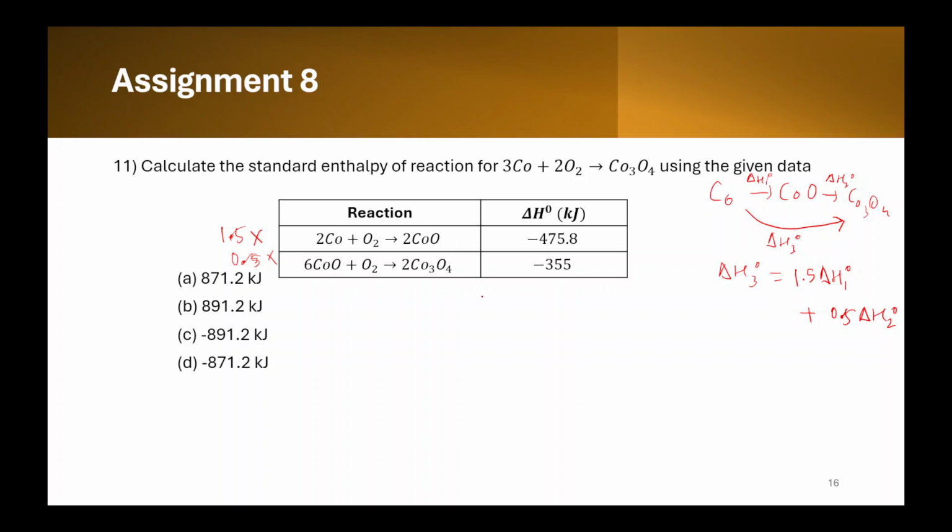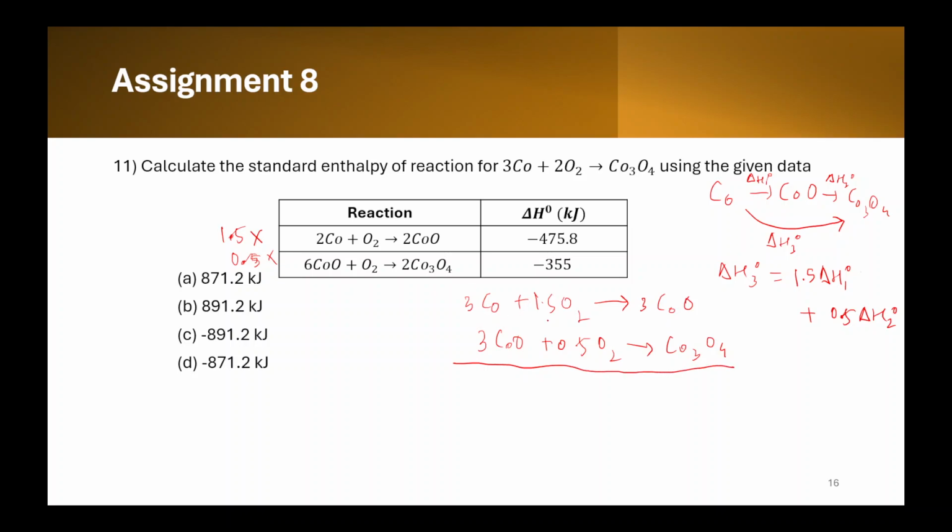So I can write also here. So 1.5 into 2 will be 3Co plus 1.5 into O2 is 1.5 O2 again, and 1.5 again 3CoO, and 0.5 into 6 will be 3CoO plus 0.5 O2, giving us 0.5 into 2 again Co3O4. So perfect values we are getting here.